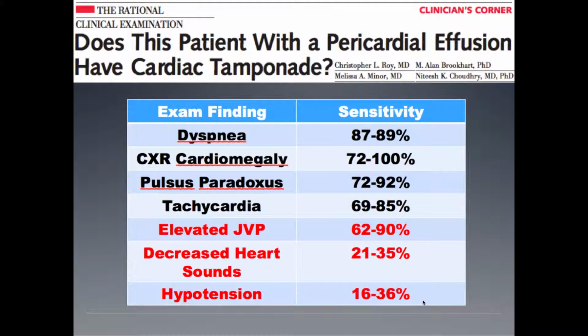As you can see, the sensitivity of these three things, of the quote classic triad, is not very good. So if you're just going by hypotension and elevated JVP or any of these things, your sensitivity is not that great. But your ultrasound will certainly help you.